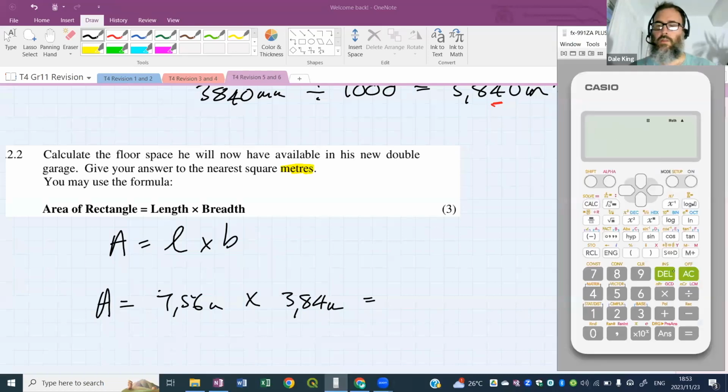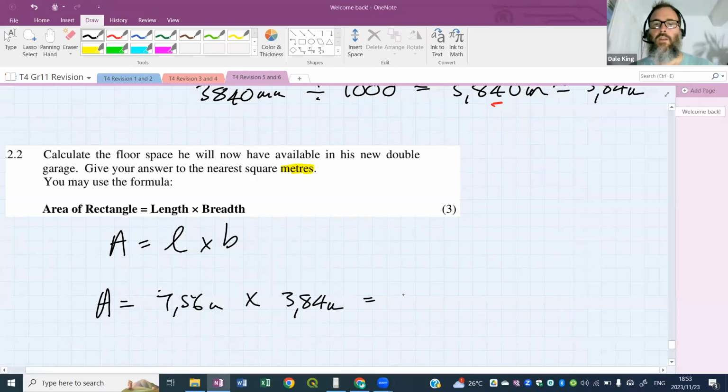On this calculator, 3.84 times 7.56 is 29,0304. Yes, well done. 29,0304 meters squared, because we're working in meters now. Meters times meters gives us meters squared.